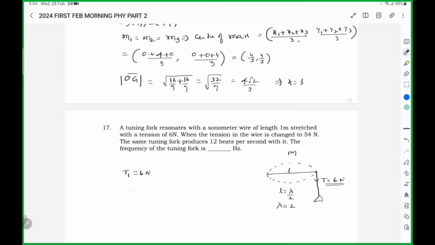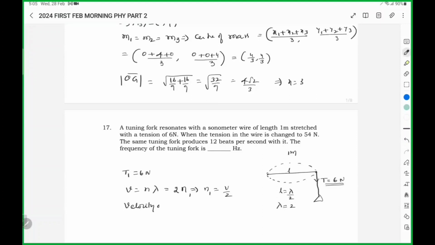So v becomes 2 into the fundamental frequency. Here lambda is 2, so the frequency, let us say n1, is v by 2.